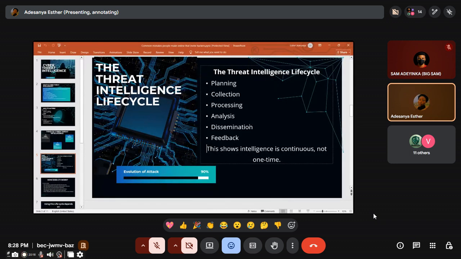And for dissemination, this process involves generating a detailed report on the intelligence that has been gathered so far and sharing it with the right stakeholders. It can be the management, the staff too. And we have different methods of dissemination. By disseminating, I mean communicating with them.